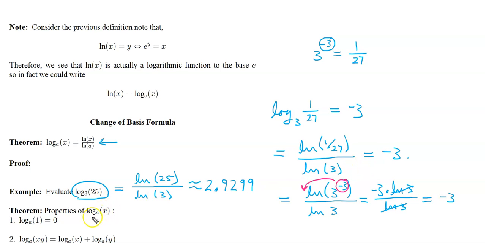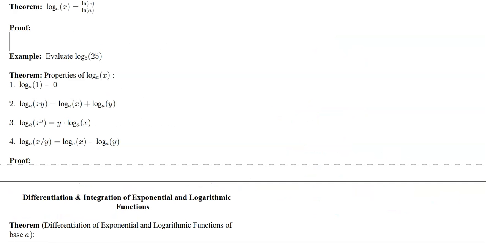Now let's take a look at a few properties of the log base a of x. So here we have some properties of the log base a of x, and you'll notice that they look exactly like properties for the natural logarithm. And that's because of the relationship between log base a and ln x that we just investigated. So first of all, log base a of 1 is 0, just like the natural log of 1 is 0.